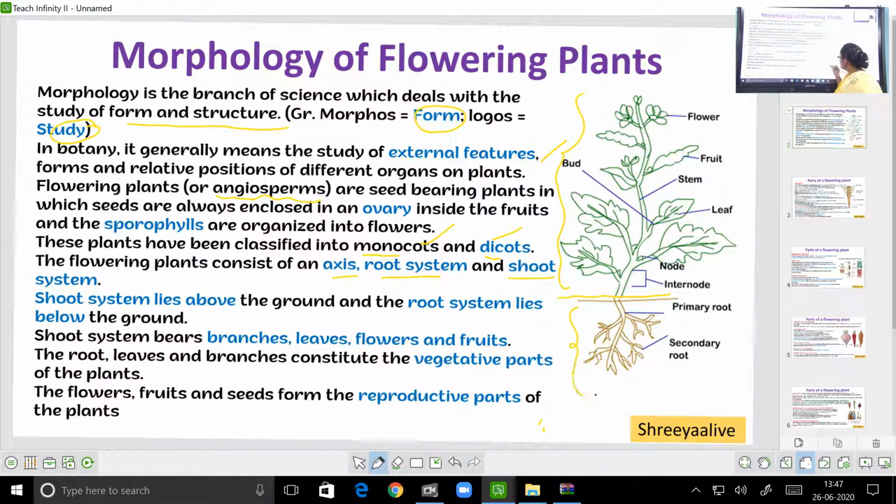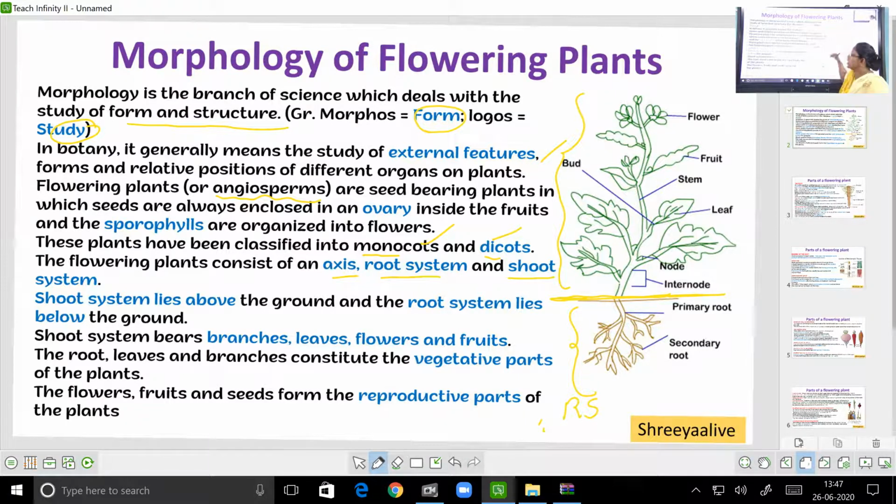The root system is the one which always lies below the surface of the soil. The part seen above the surface of the soil, it may be the leaves, flowers, fruits, stem, nodes, internodes, all of these come under the shoot system. The part which lies below the surface of the soil constitutes the root system.